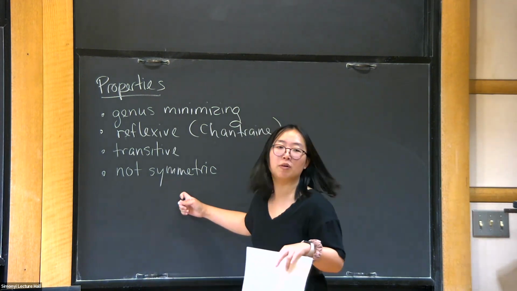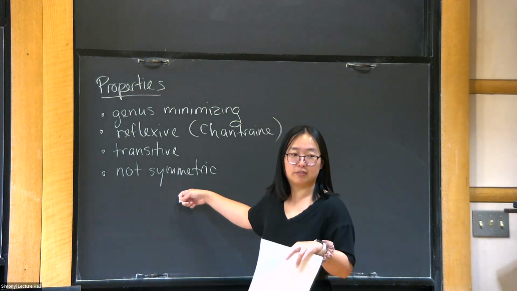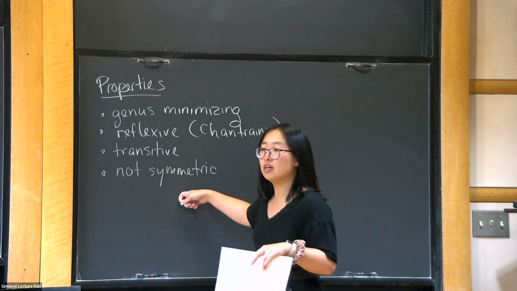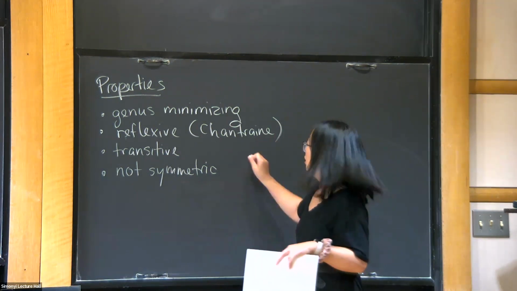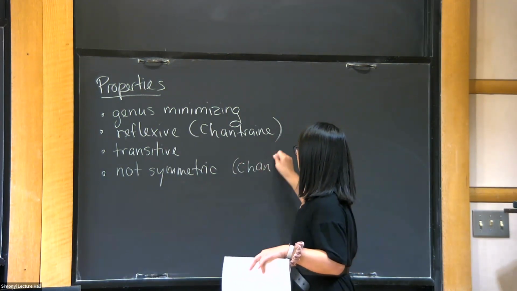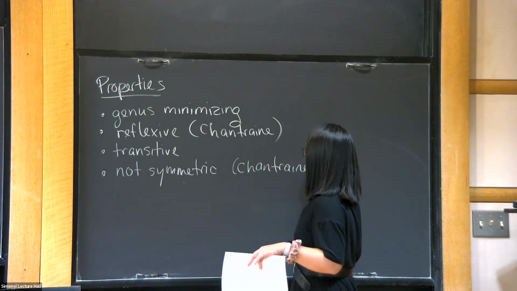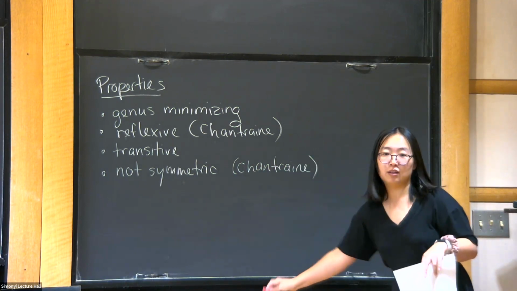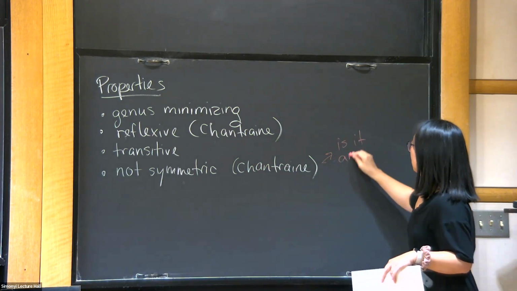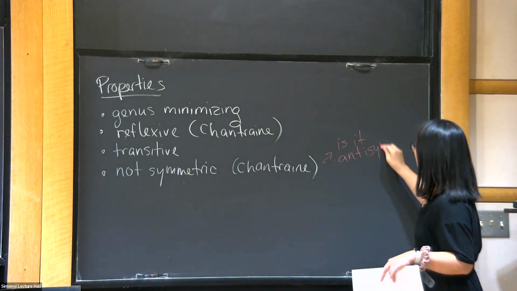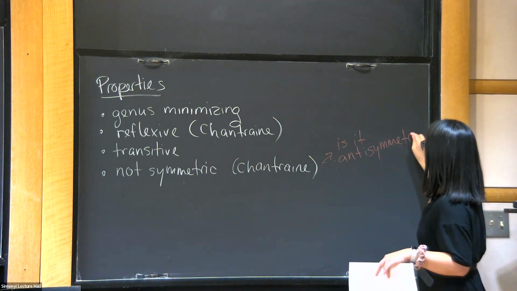Let me say a little bit more about not symmetric, and then I'll talk about classical invariance and less classical invariance. So this was proved by Chantraine as well, but what's currently wide open is the question, is it anti-symmetric?